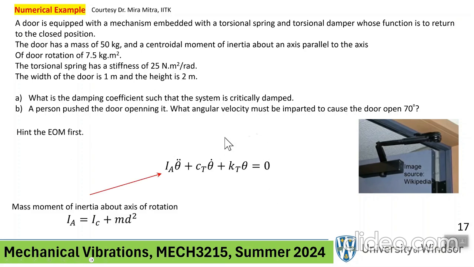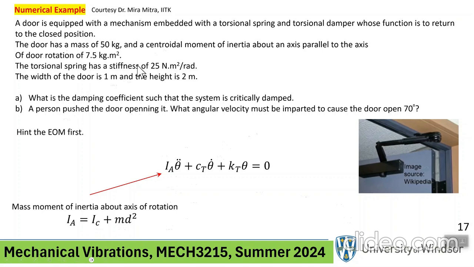Okay, so first of all, because rotation is taking place about the hinge position, I have to take the mass moment of inertia, which was given to me about the vertical axis through the centroid, see that? Through the centroid, and convert that using the parallel axis theorem to the mass moment of inertia about the hinge where the rotation is taking place.